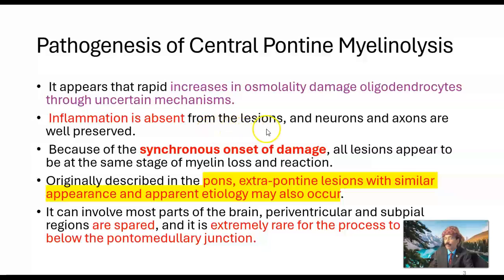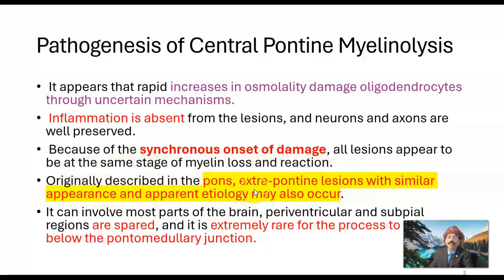Inflammation is absent from the lesions and neurons and axons are well preserved. Because of synchronous onset of damage, all lesions appear to be at same stage of myelin loss and reaction.